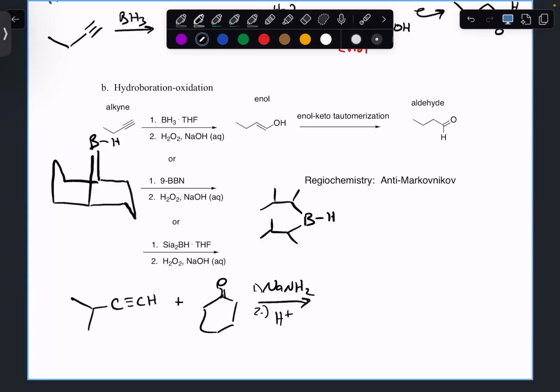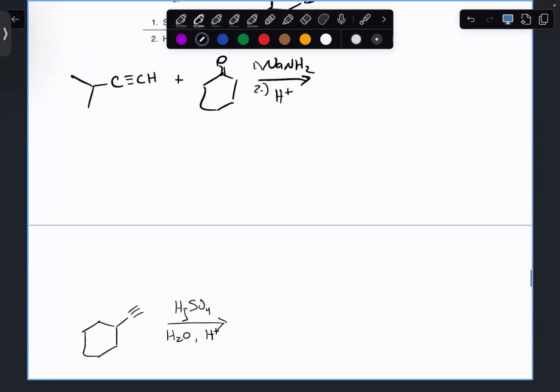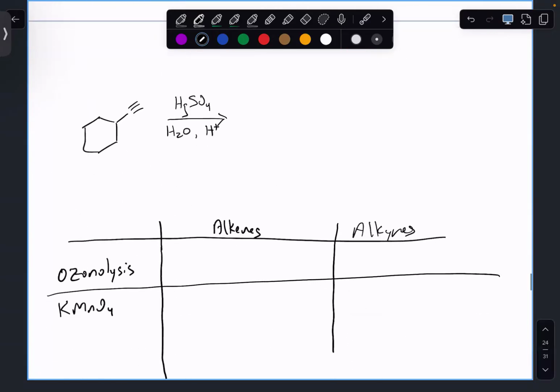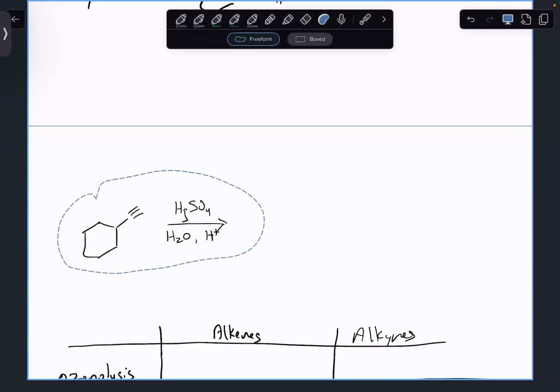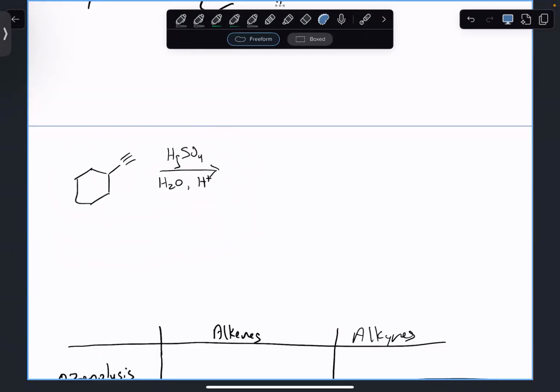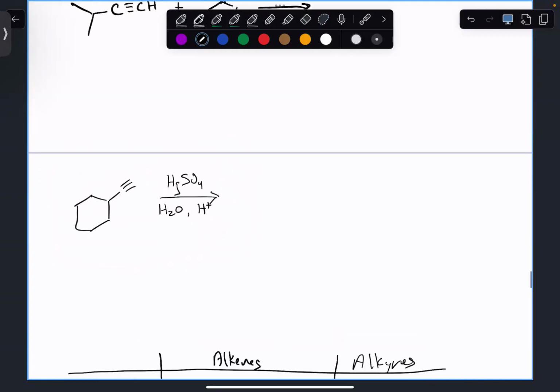Okay. So we have almost finished talking about this. Actually, could you give the product of that reaction? So this is obviously a mercuration. That is going to be a Markovnikov addition of the water.